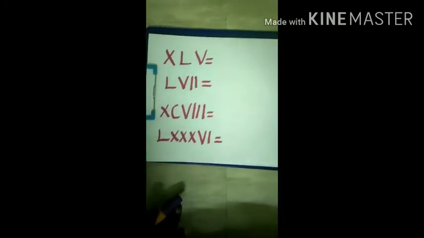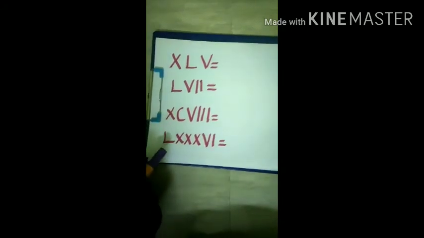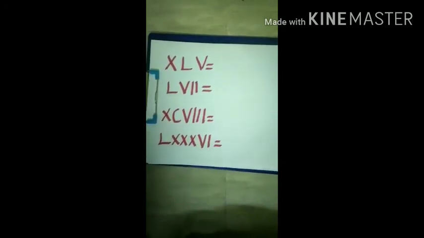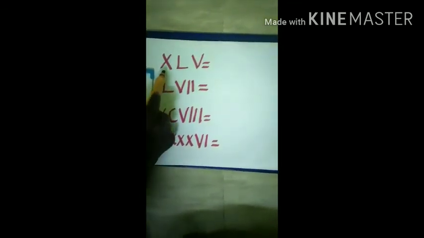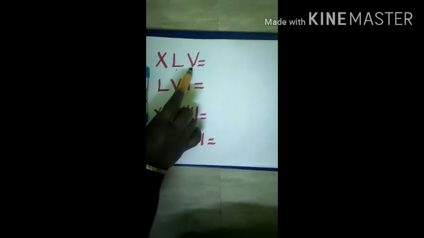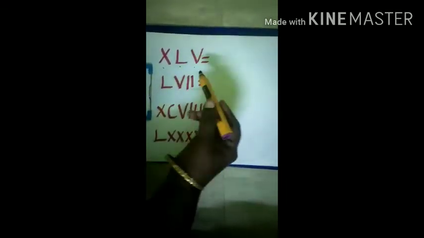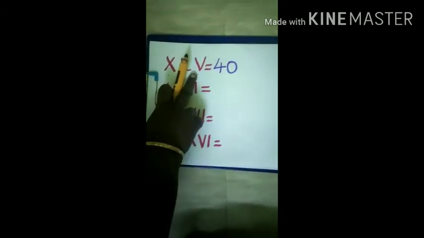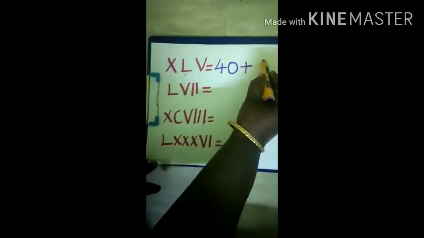Here we are going to see how to convert Roman numerals to Hindu-Arabic numerals. First, here XL is given and here it is V. We know that XL is 40. So write 40. And what is V? It is 5.